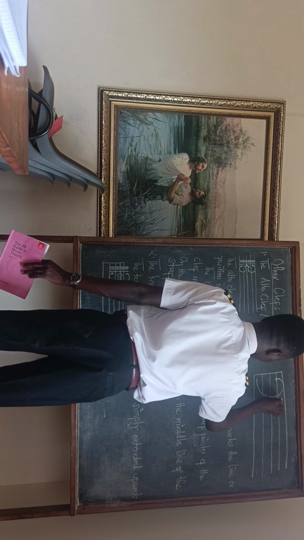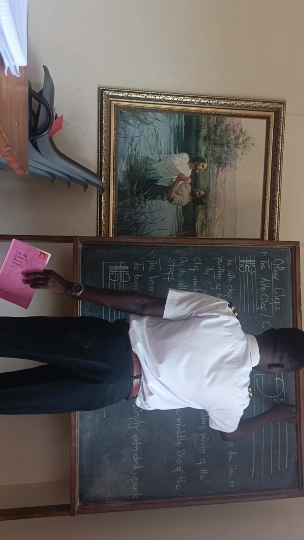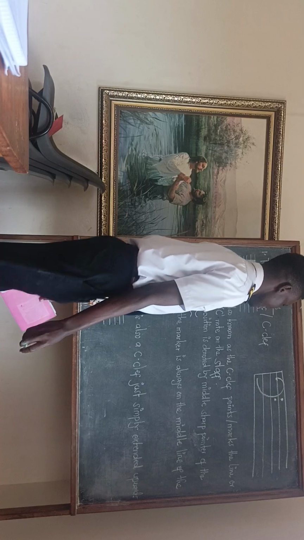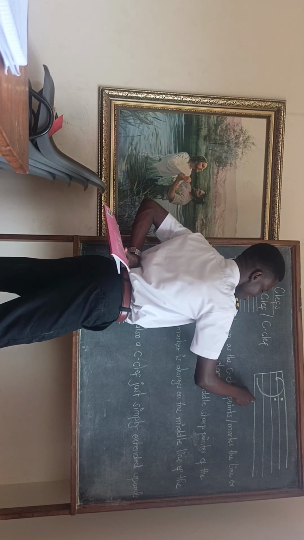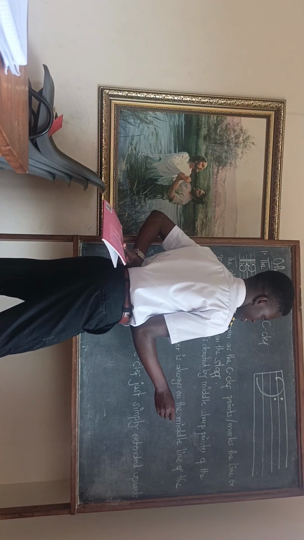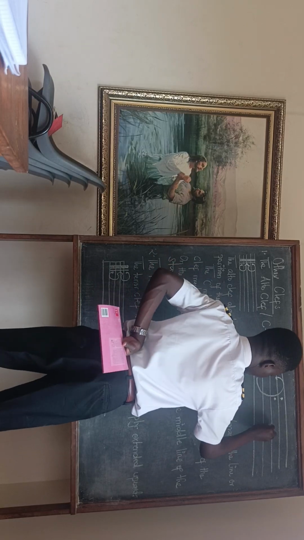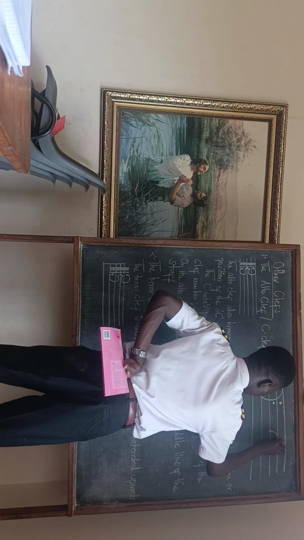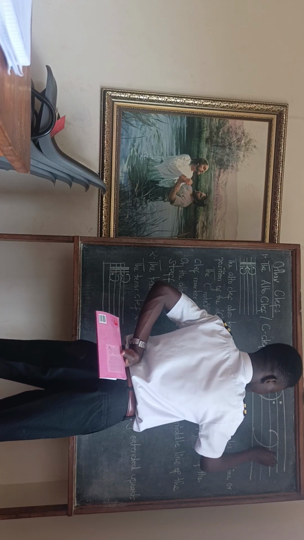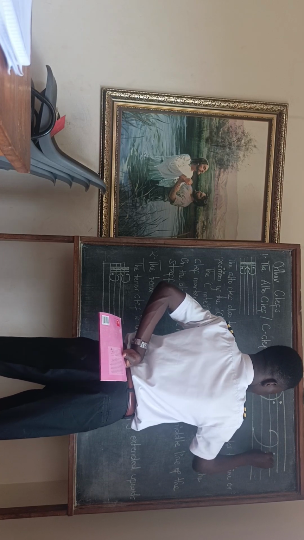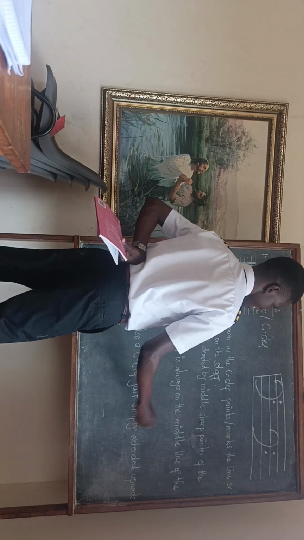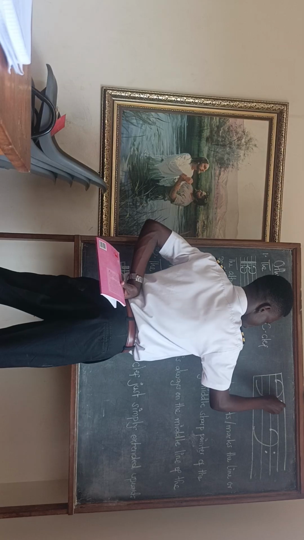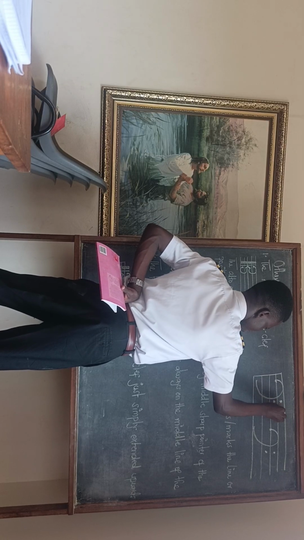That means this is G, this is G, this is F. But if you find it like this, it means the first line has changed its name. To better help you, just know that if you find it like this, the line passing through these dots is F.